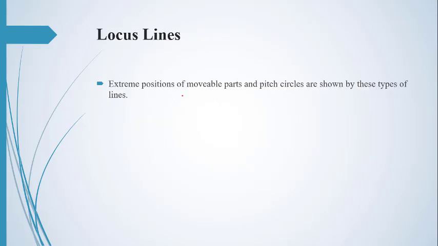Locus line: extreme positions of movable parts and pitch circles are shown by these types of lines. For example, if we have a pendulum moving to and fro, the movement it makes from here to here, this is extreme position x1 and this is extreme position x0.